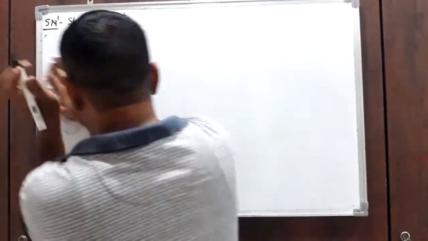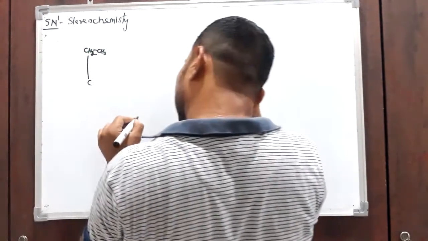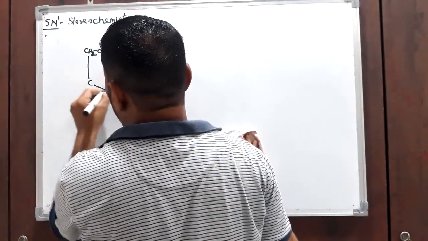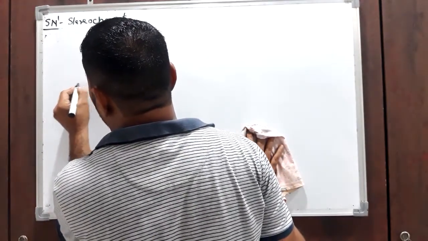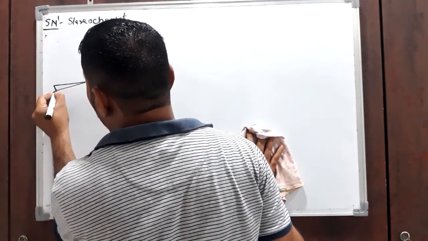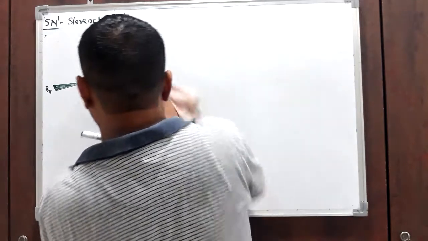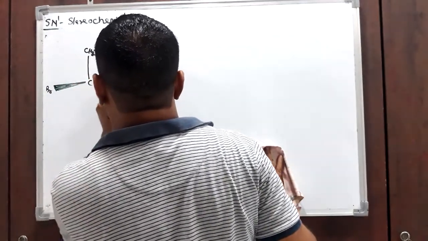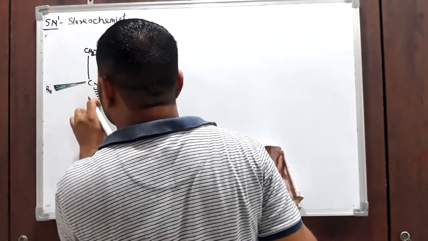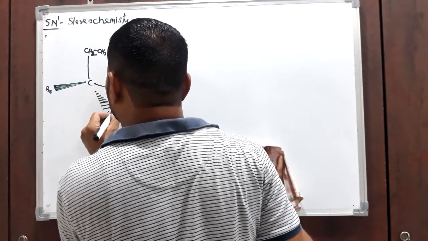For example, suppose this is the alkyl halide, with a phenyl group.